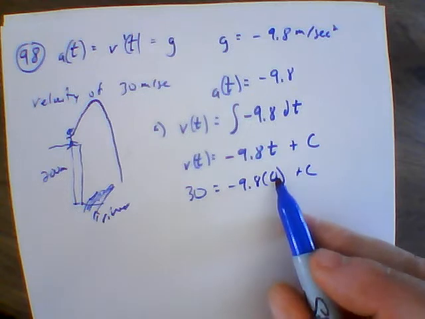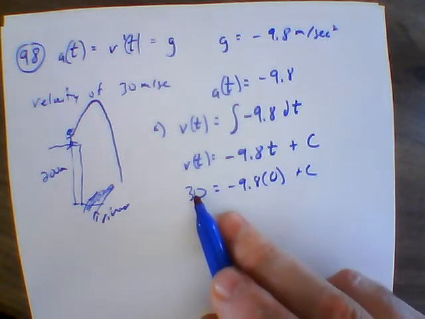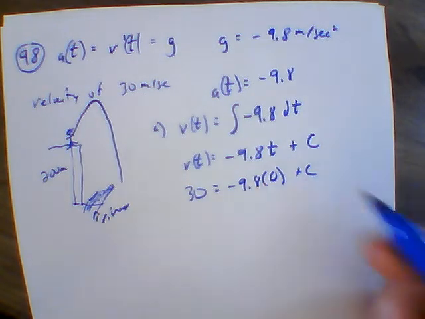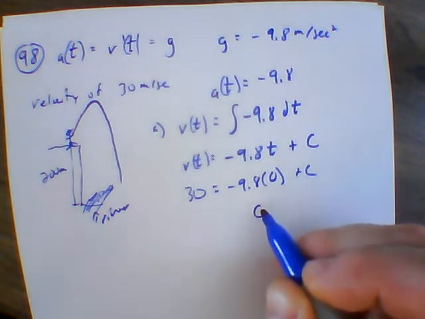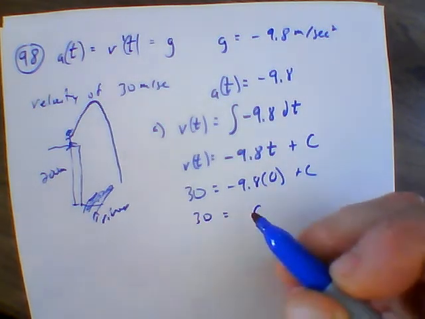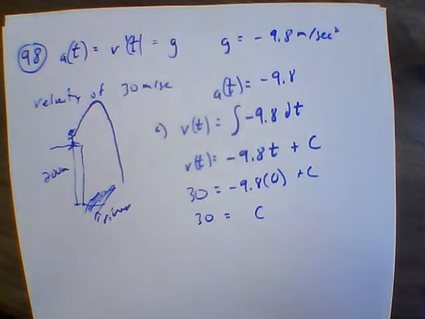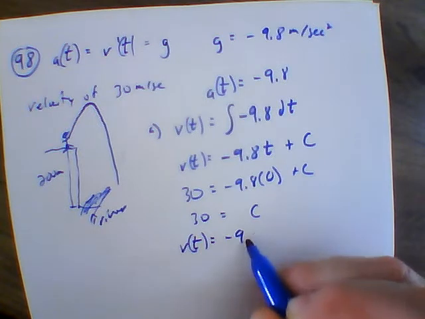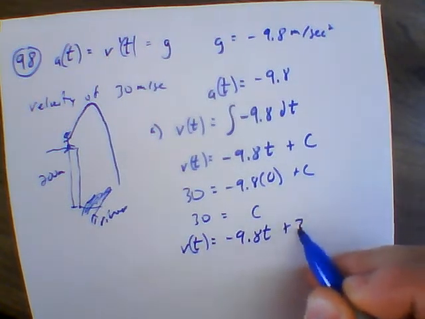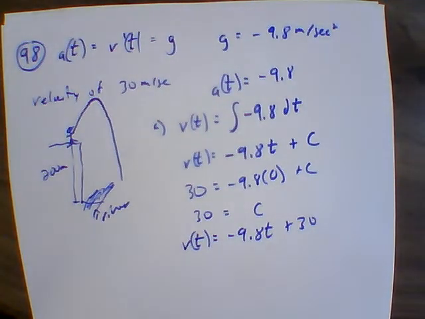Okay, so we plug 0 in for time, we have a velocity equal to this. Now we're able to basically solve, and we see that negative 9.8 times 0 was 0, 0 plus c is c, so we get c equals 30. So if c equals 30, now we know our velocity function is negative 9.8 t plus 30.